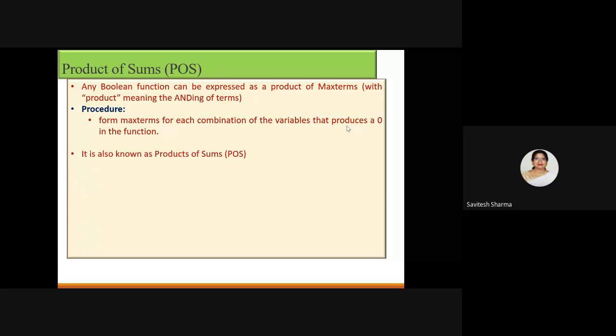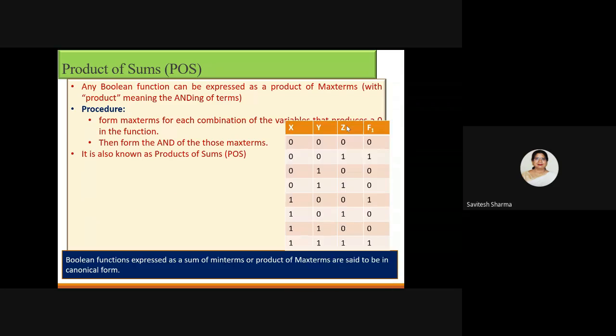So what you will do is the opposite. Again I am giving you the same table for F1 that I showed you for the SOP. If someone asks you to write the POS form, you will concentrate only on the combinations where the output is 0.